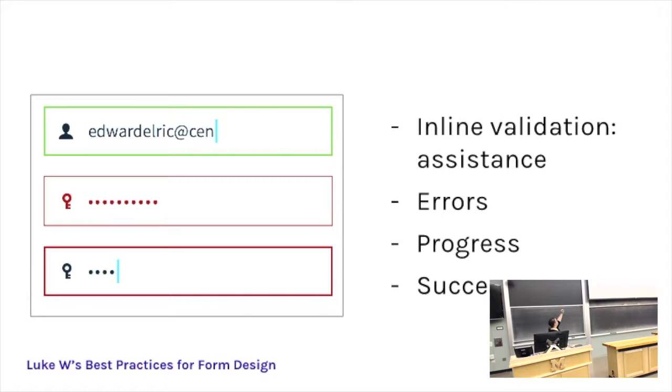Okay, this email is actually working so far, but the password is wrong. Luke W. says you should use inline validation, so assistance, that's the green color and the red color, using red for errors. You can also use color for progress to show, okay, I've gotten through all these steps, and also success.